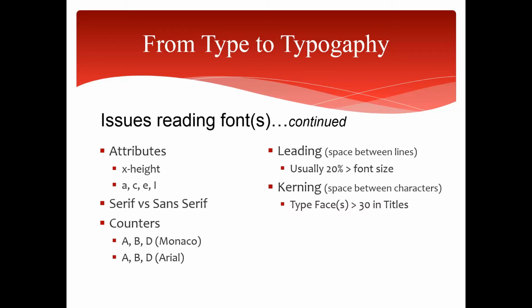The serif versus sans serif you're familiar with now that you've read the chapter, but if you look on this page and you look at the header, From Type to Typography is a serifed font, and Issues Reading Fonts is a non-serifed font. Leading is the space between the lines, and kerning is the space between the letters, and you can adjust both of those for more readability and legibility.